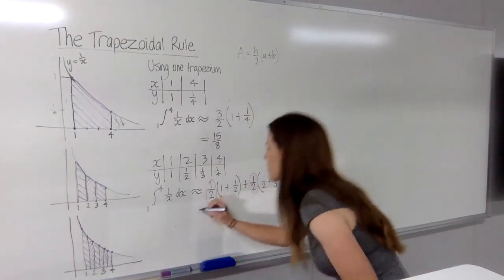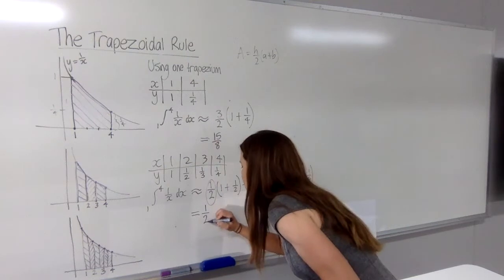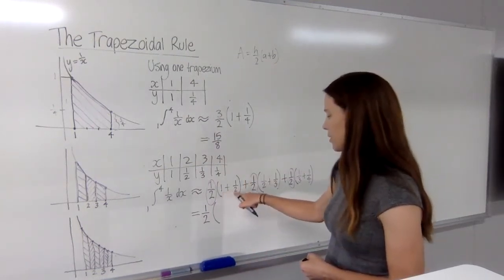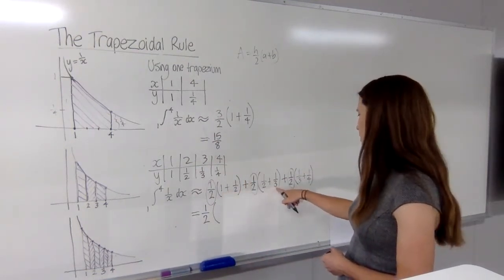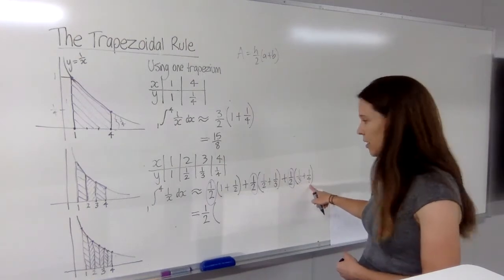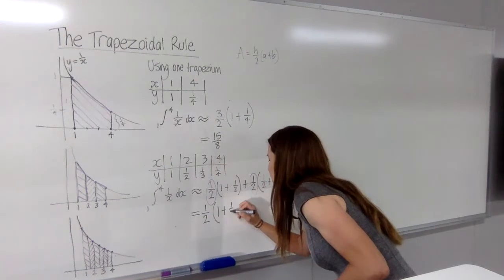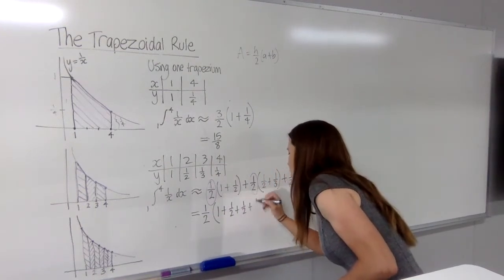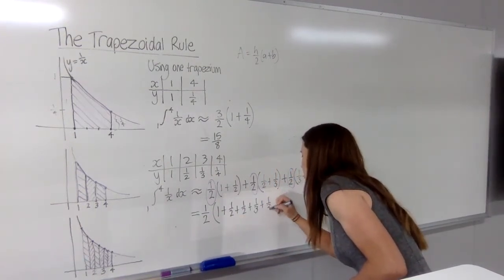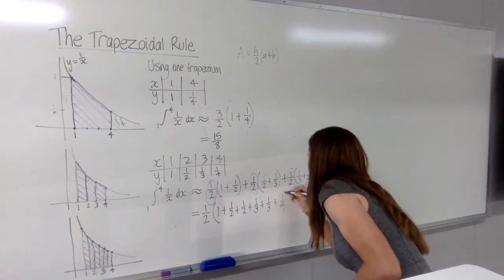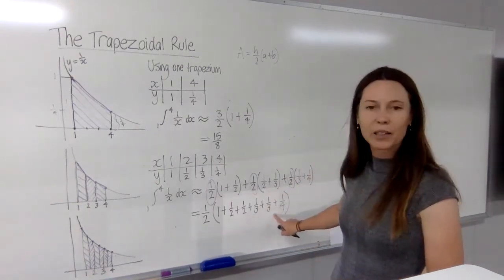You can say this is the same thing as a half of this plus this, plus this plus this, plus this plus this. And we can do half of all of them together. So we've got 1 plus a half, plus a half, plus a third, plus a third, plus a quarter.